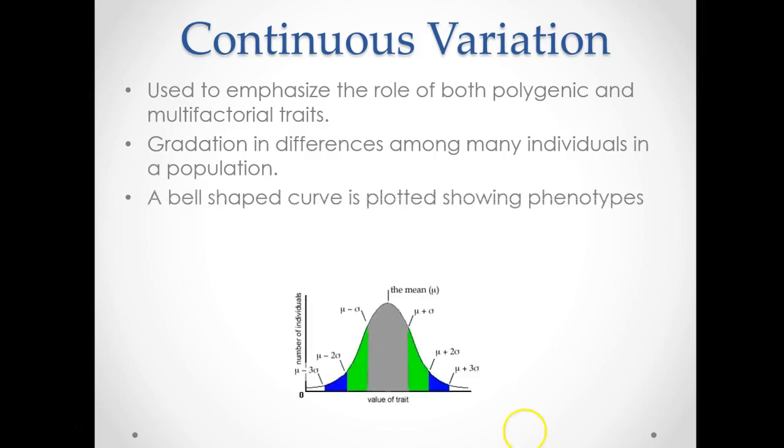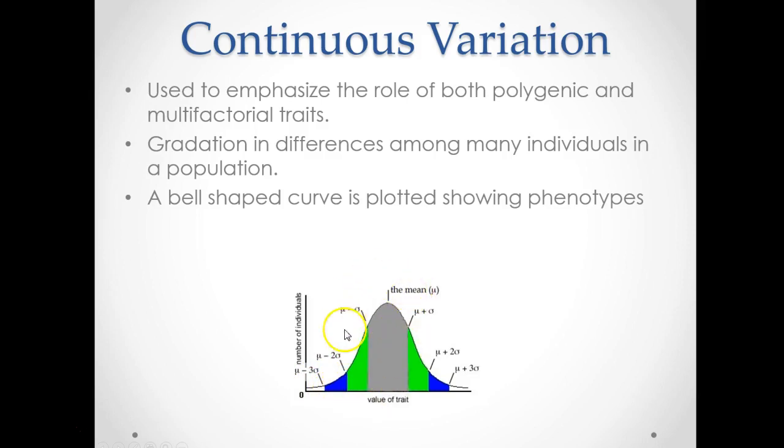And basically what it says is if you were to take individuals in a population and you were to plot their phenotypes, okay, so whatever trait we're looking at, let's say it's height. Okay, so we're doing height. Height is a good example of a multifactorial trait. What you'd find is you have some people that are on the very small end of this scale, so some shorter people.